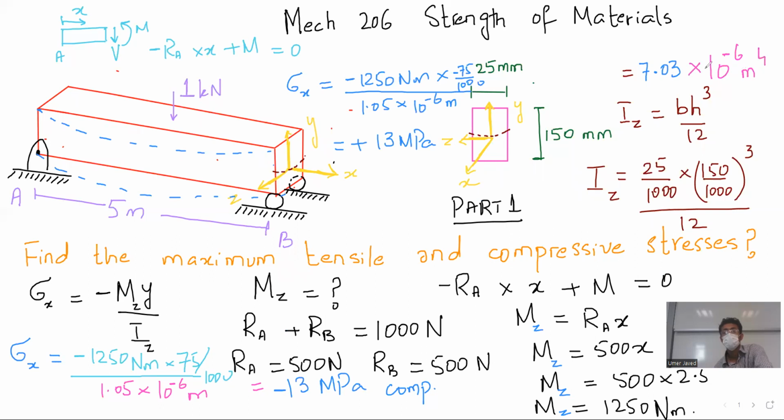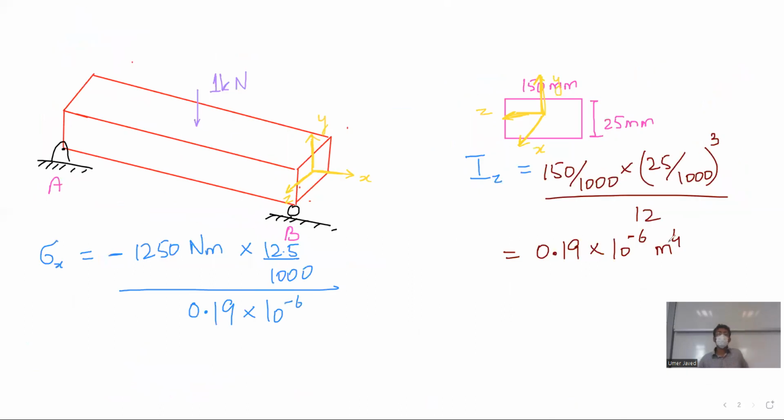Is it like this, everyone? Yes. Okay, good. So don't use micrometer, because it's meter power 4 units. So this is 0.19 into 10 power minus 6 meter power 4.